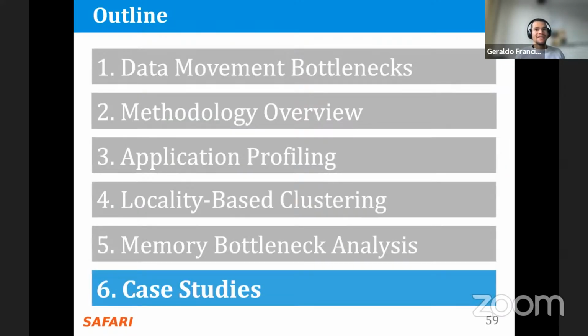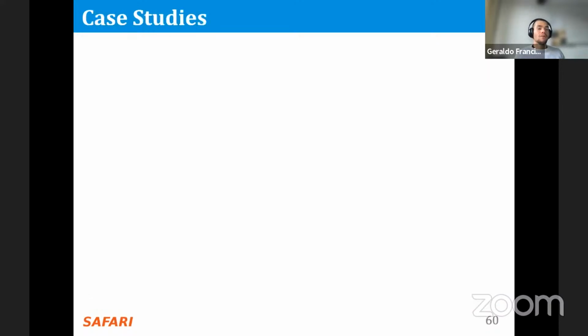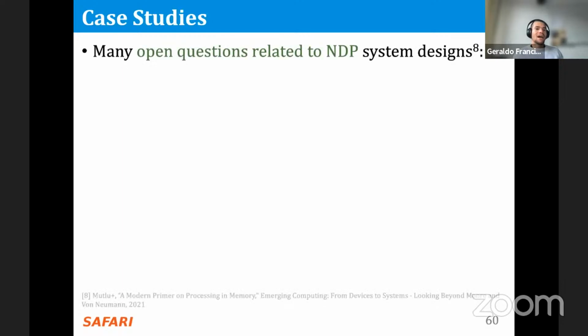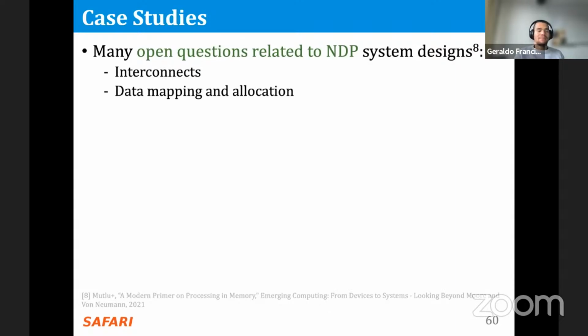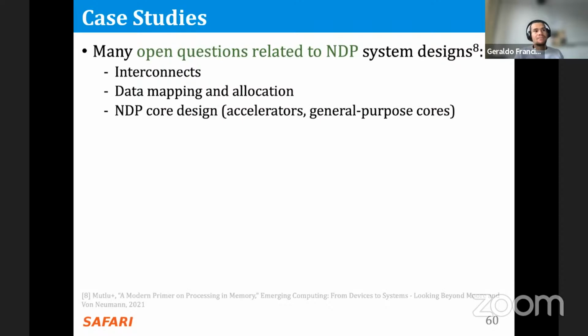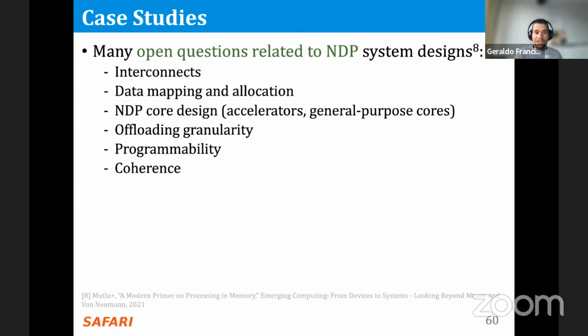Finally, I'm going to briefly talk about the case studies that we have in our work. There are still many open research questions related to data processing, as for example, how to design good interconnects for new data processing systems, how to develop data mapping allocation that can fully leverage the NDP system characteristics, how to design effective NDP core architectures, both related to accelerators or general purpose cores, what is the most appropriate offloading granularity of NDP for a particular application, how to program any data processing system, how to do coherence in the data processing system, now in a mixed data processing system and host system, how to apply system integration between a host and NDP system, and much more.